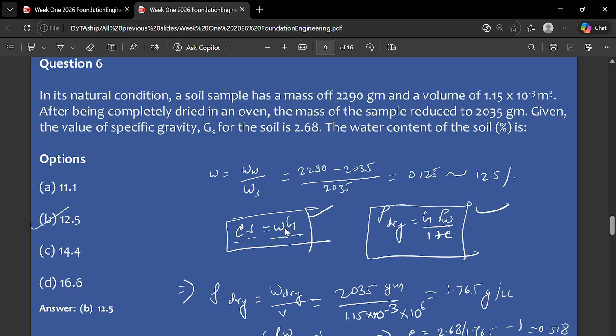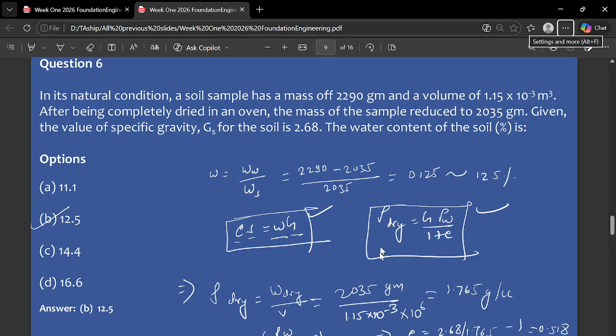Then these are some of the index properties and the relations between them: void ratio, degree of saturation, water content, and specific gravity. Let's say if any of the parameters is given to you with the help of the other two parameters, how can you derive that. Also there are some relations available between these index properties: the dry density, density of the water, void ratio, specific gravity.